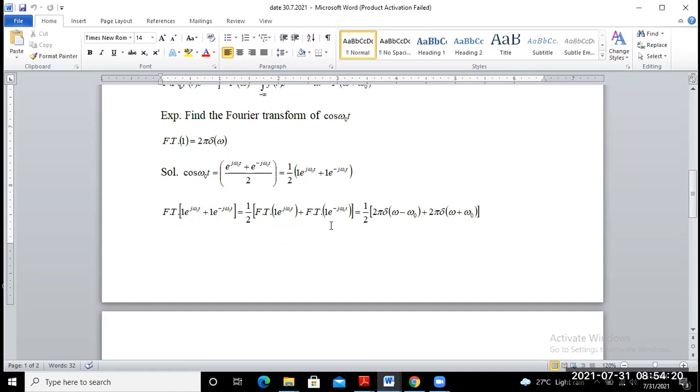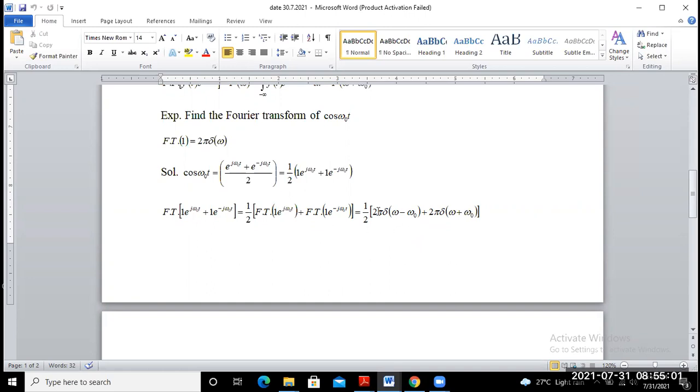Similarly, for the second part, that means ft into e to the power minus j omega naught t, the Fourier transform is F of omega plus omega naught, is it not? So we use the frequency shifting property of the Fourier transform for ft, that is 1 into e to the power j omega naught t in the first term, and 1 into e to the power minus j omega naught t in the second term. So F of omega minus omega naught for the first term and F of omega plus omega naught for the second term.